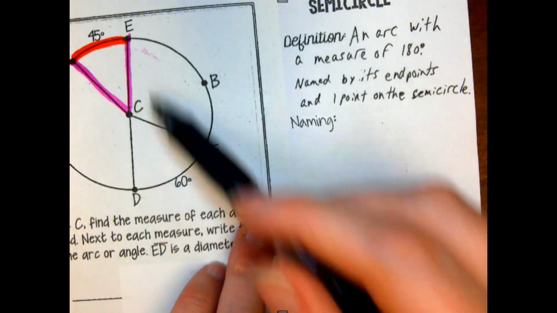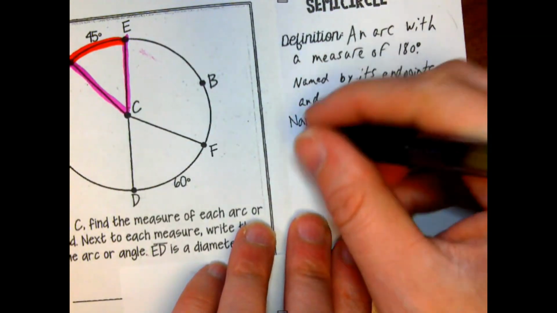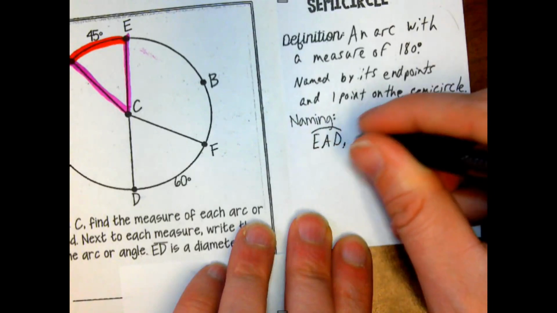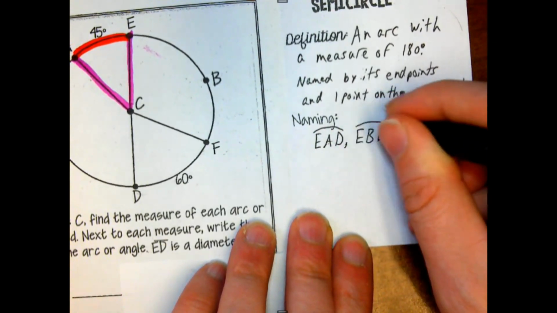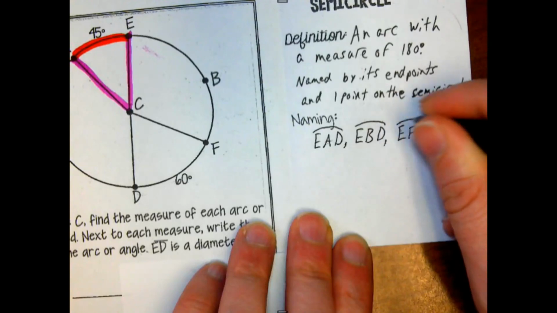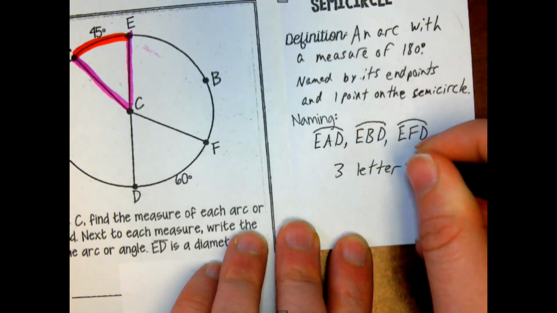So we would want to call it EBD, so you know I'm going around this direction. So some examples of names of semicircles: semicircle EAD, semicircle EBD, semicircle EFD. We use three letters to name a semicircle.